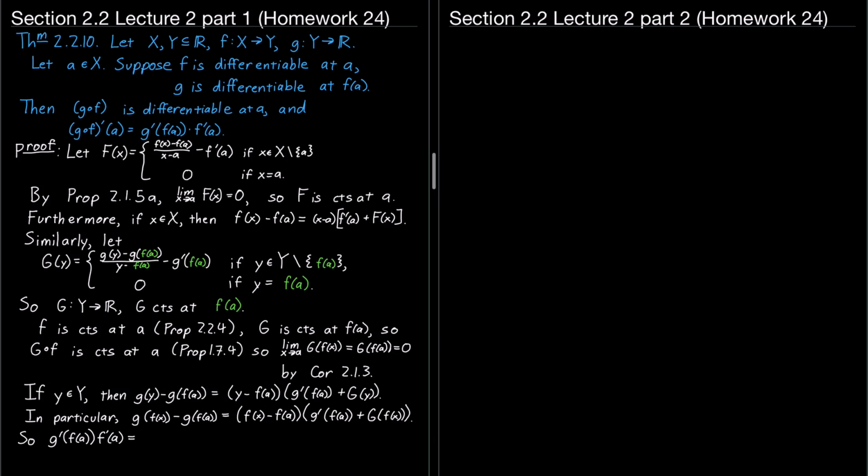We're going to write that as g prime of f of a, limit as x approaches a, f of x minus f of a all over x minus a. And then I'm going to go ahead and add 0 to this. G prime of f of a, limit as x approaches a, f of x minus f of a all over x minus a.